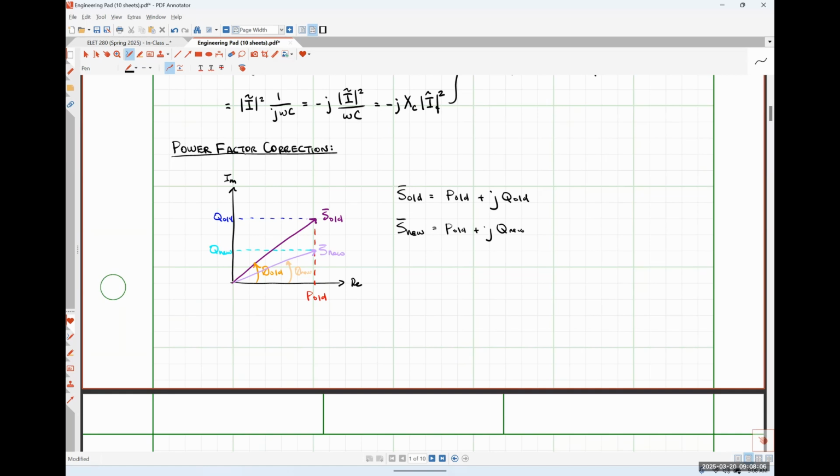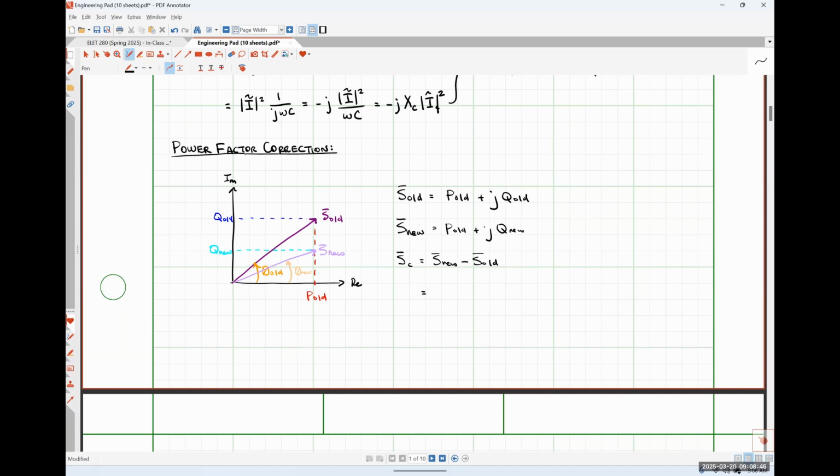So the complex power that needs to be provided by my capacitor is essentially just going to be the difference of those two things, where S new is the power after we've met our specific power factor correction goal, right? So let's say that S_C, the complex power absorbed by our capacitor, is going to be simply S new minus S old.